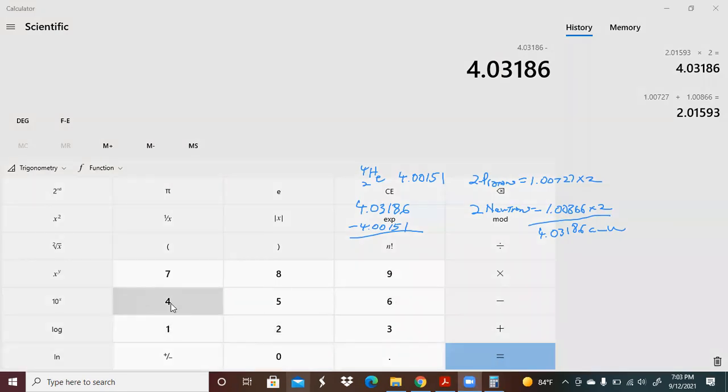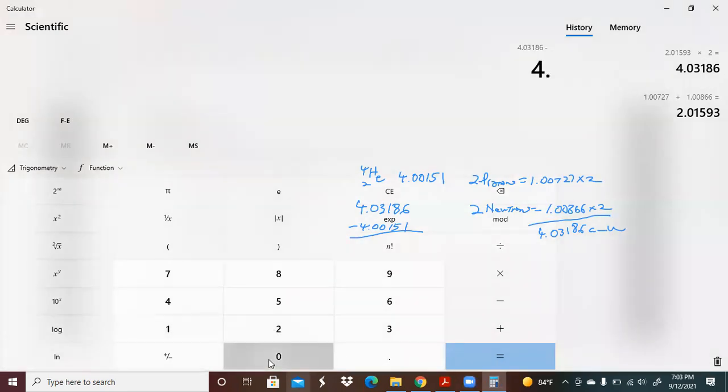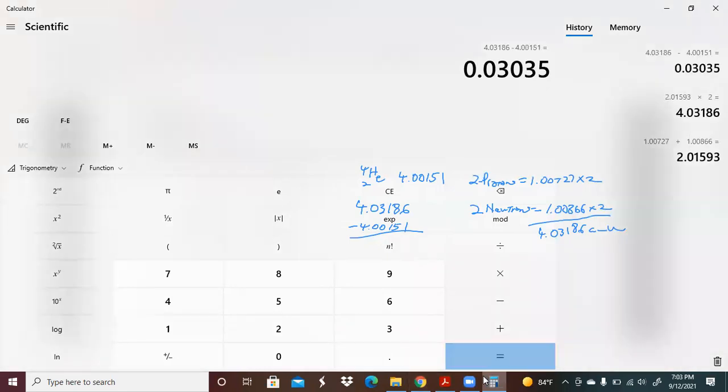Let's see. 4.00151, right? Is that what I had said? Yeah. So we've got 0.03035.